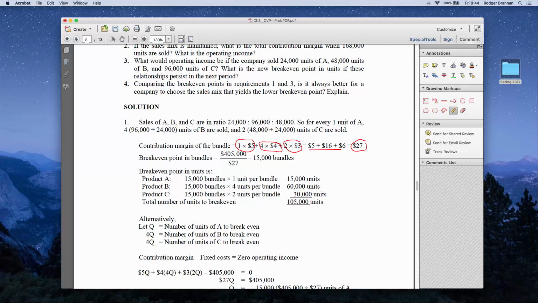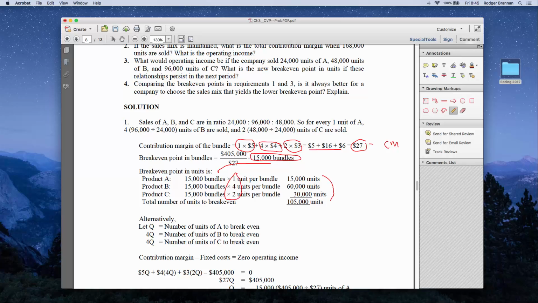So now, this is my contribution margin, not per unit, but per bundle. Fine, I take that, divide it into the fixed cost, which is the basic break-even formula, and what I know is I will sell 15,000 bundles. So now I take that and multiply the 15,000 times its respective ratios.